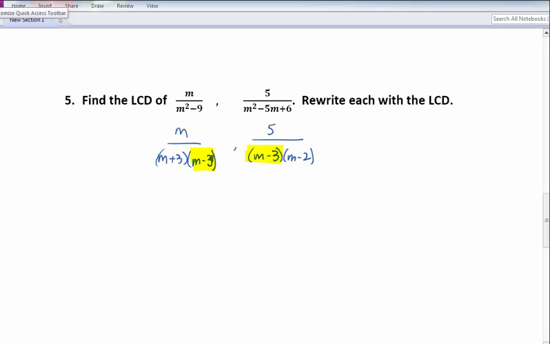But remember, my least common denominator is the product of all of my factors that I can build everything up to. So it has to include everything that shows up. So there's an m plus 3 here. It's not in the other one, but that means I need to include it in my least common denominator. There's an m minus 3 to the first power here and an m minus 3 to the first power here, so that's all I need since the first power is the highest exponent.